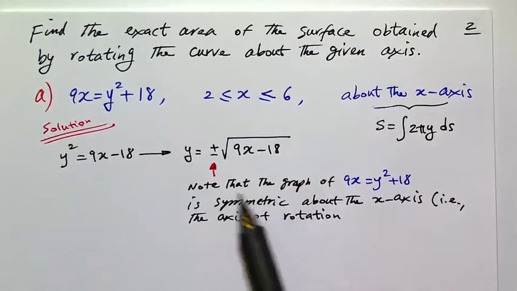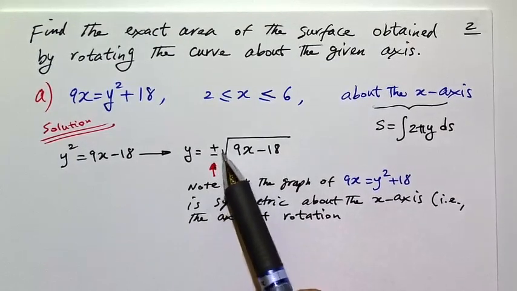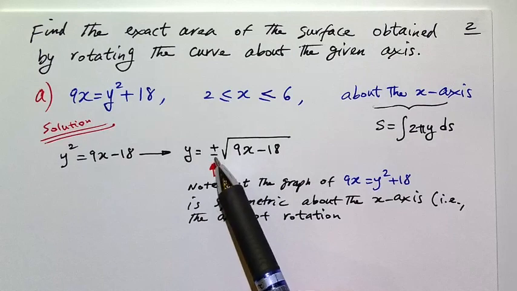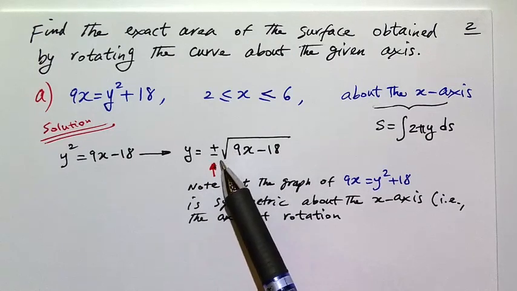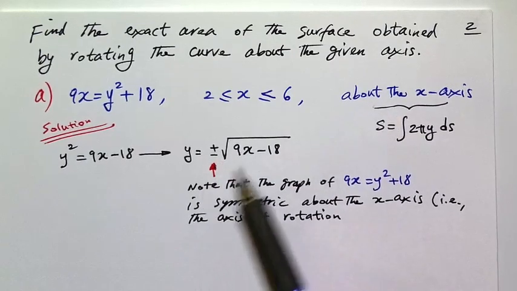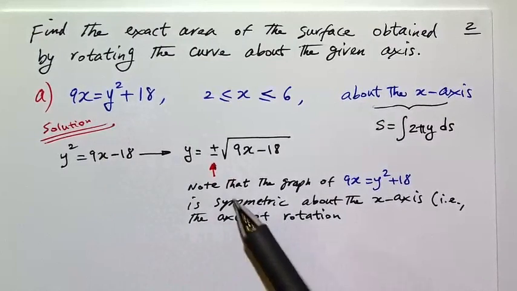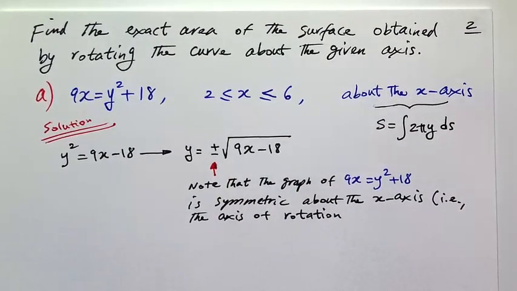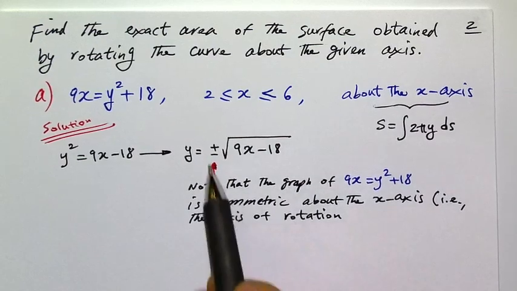This simplifies things, because if you take the positive or the negative part of this and rotate it about the x-axis, since the whole thing is symmetric about the x-axis, you're rotating one half over the other half. So in the end, it makes no difference.